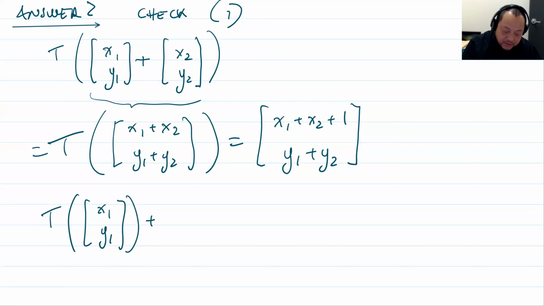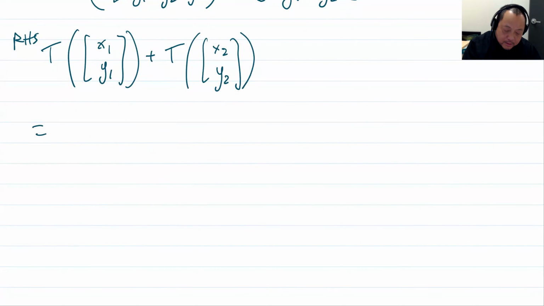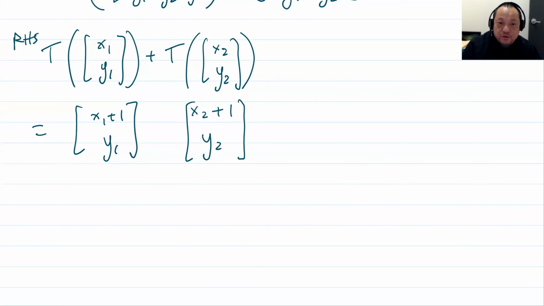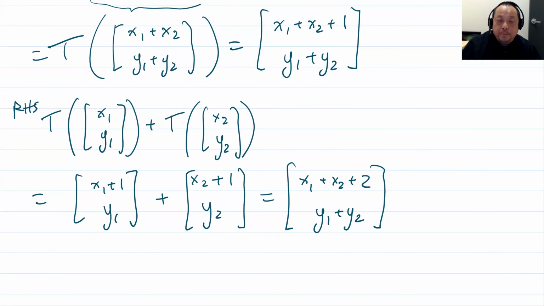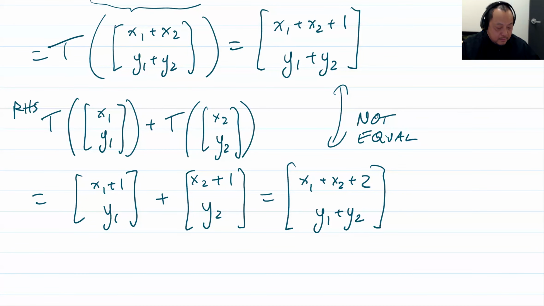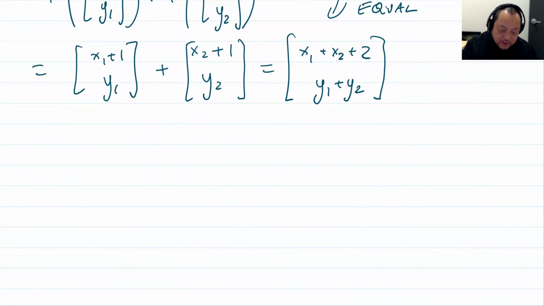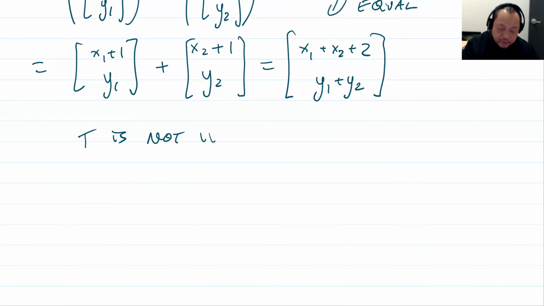This is the left-hand side of property 1, and this is the right-hand side. This one is equal to (x1 plus 1, y1), and this second transformation is (x2 plus 1, y2). I can add these two vectors together normally. And nope, they're not equal. Since they're not equal, T is not a linear transformation.